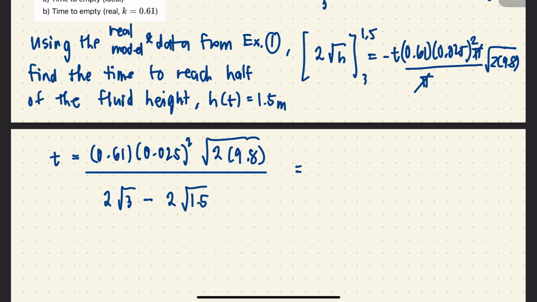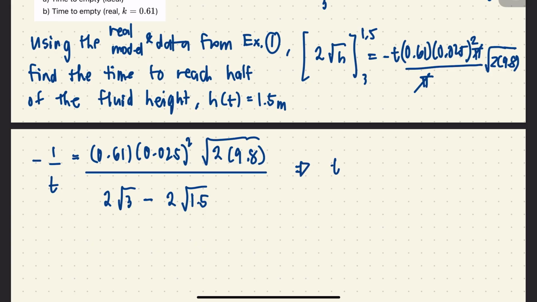See what will be the value of t. I think we missed out on the negative sign on t. So if we will follow, this should be negative 1 over t.